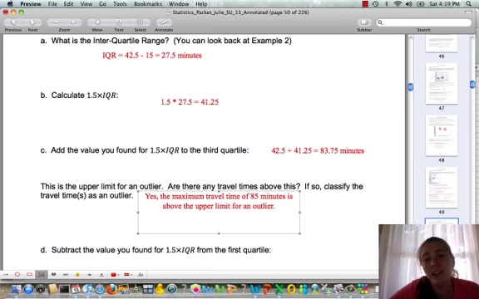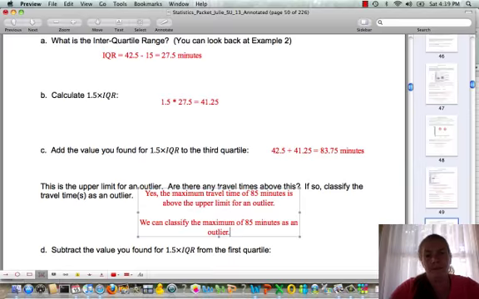So this means we can classify that maximum of 85 minutes as an outlier. So this is the way that we classify outliers, is by calculating the upper limits, and then anything above the upper limit or similarly below the lower limit gets classified as an outlier.